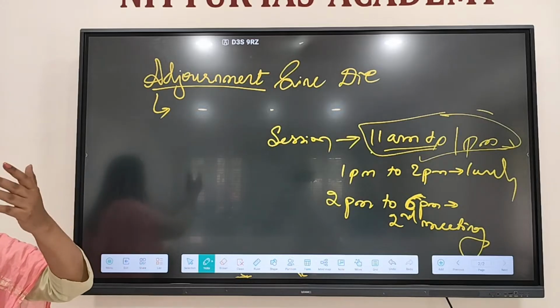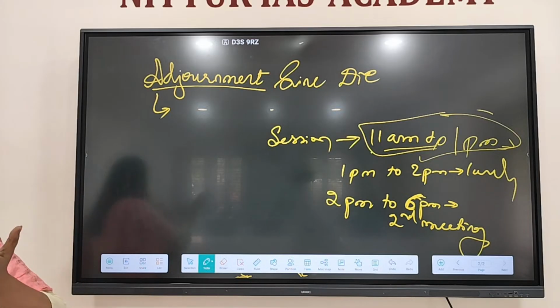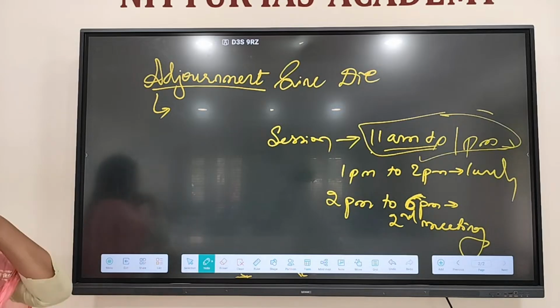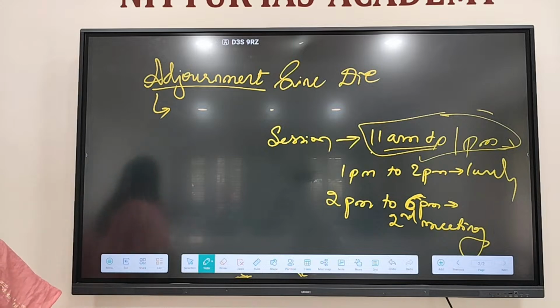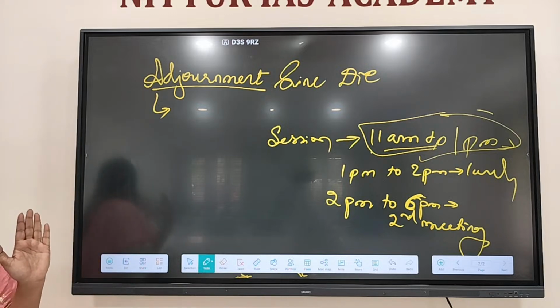They mention hours or days or weeks, and say let's again start the new sessions, new meetings. But in adjournment sine die, no specific period is given. It is for an indefinite period. If the Speaker or Chairman announces adjournment sine die, it is over, it stops there. Those sessions stop. For sessions to happen again it takes time. They will send notices to each MP, calling them for the next session. But they will not mention a definite period or specific date in adjournment sine die.